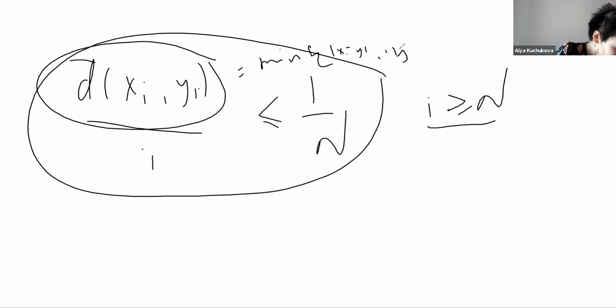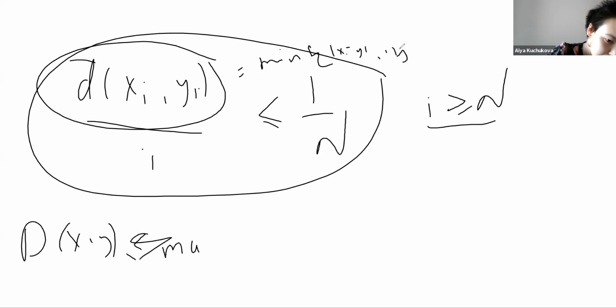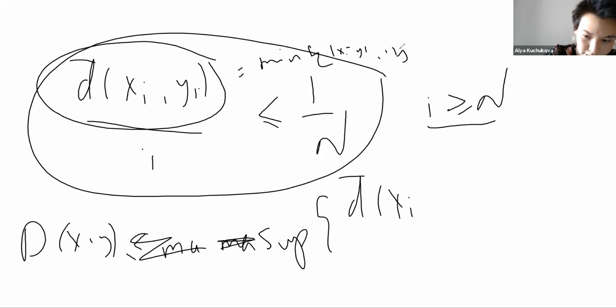And so what you get is that your d(x,y) would actually be looking something like, like it is supposed to look like, the supremum of d bar(x_i, y_i) divided by i, right?